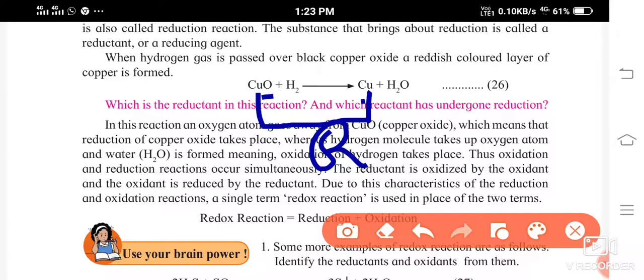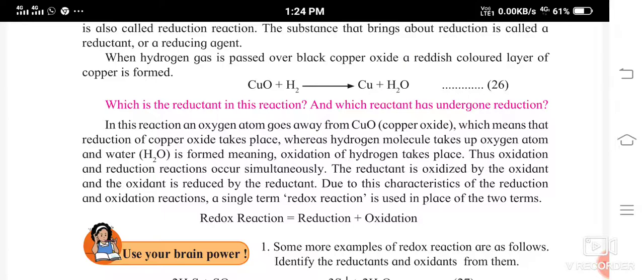Now see, this hydrogen, during the formation of water, what has it become? It has gained oxygen, right? So what type of reaction is this? This is an oxidation reaction.